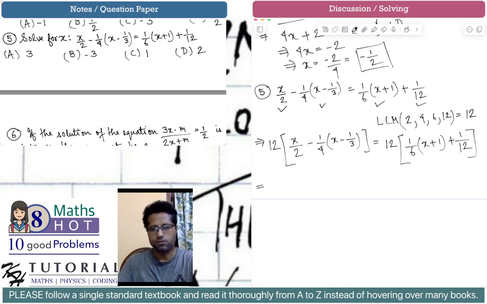Now you have to simplify step by step both the sides. As you can see, now you have to apply the concept of distributive law of multiplication over subtraction or addition.